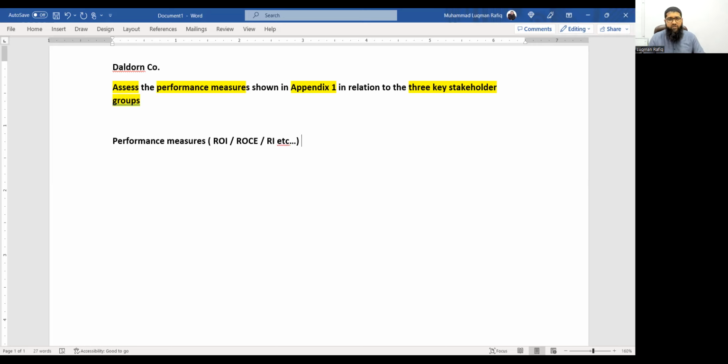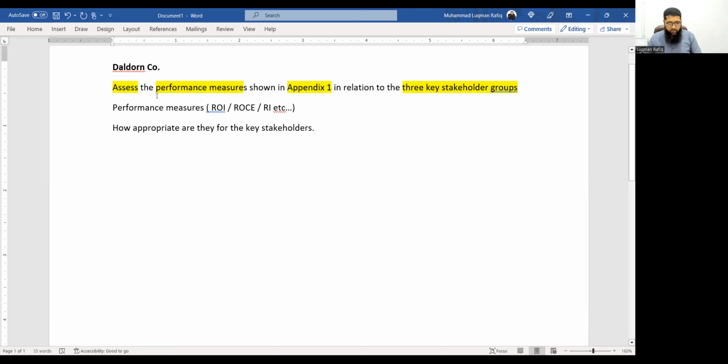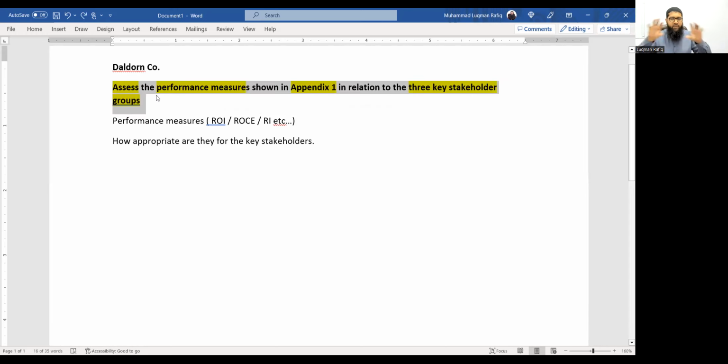Whatever the performance measures are, you would be focusing on those measures and connecting them to how appropriate they are for the key stakeholders. So you are going to answer this question by assessing the performance measures shown in Appendix number 1. Performance measures are your focus.